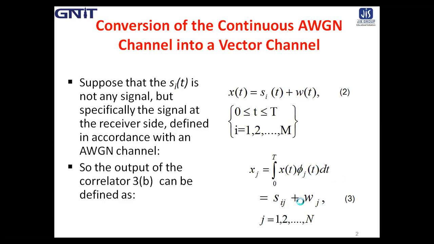Now the first component sij is a deterministic quantity controlled by the transmitted signal si(t).